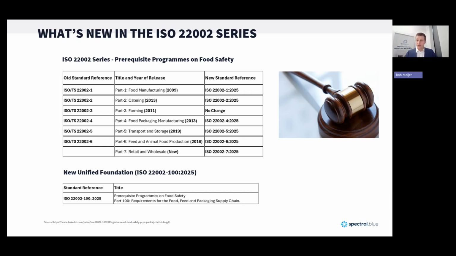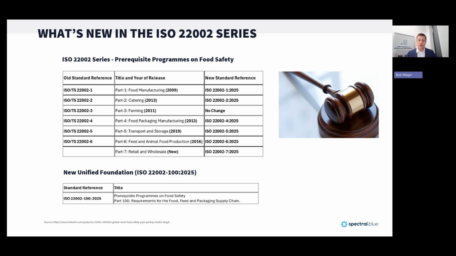Organizations utilizing this series of standards need to adhere to the requirements of ISO 22002 TS Standard 100 and all the relevant sector-specific parts as shown in this list. In the ISO 22002 TS Standard 100 is a focus on unified prerequisite programs across food, feed, and packing sectors.